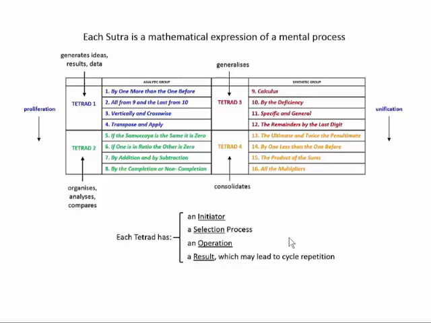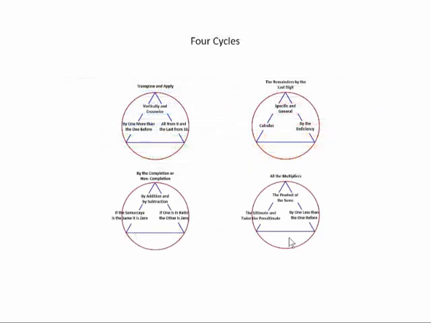So I'd like to show next these sutras in a different arrangement to bring out this structure and in fact the cycles that are contained in them. And to make it clear I'm going to show these sutras one at a time. So here's the first sutra, by one more than the one before, second, third.